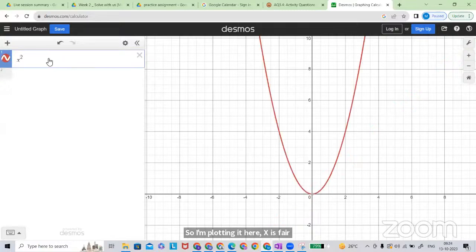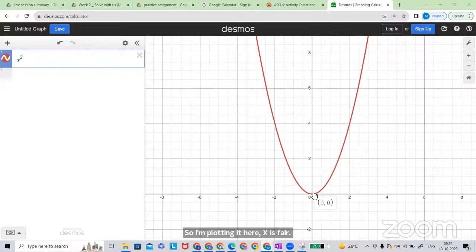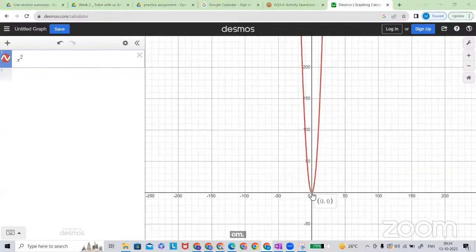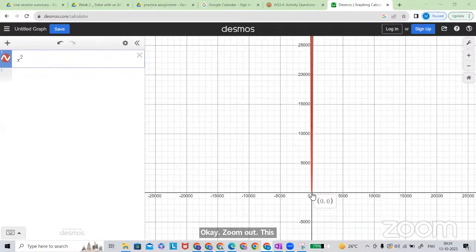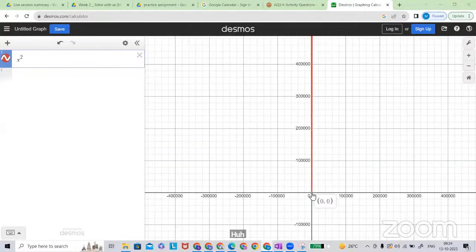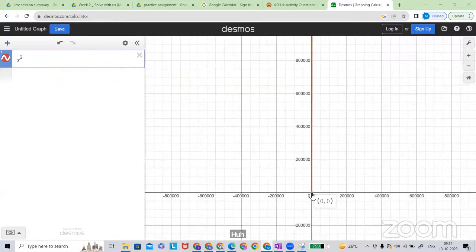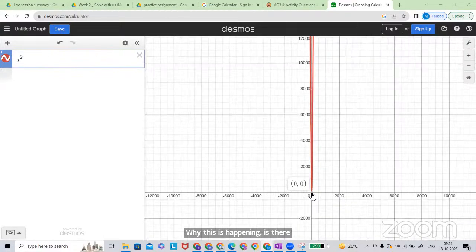Sir, if we zoom out, zoom out. Yes. Sir, now when we zoom out, this line is parallel to the y-axis. Sir, why is this happening? Is there any proof, or why?